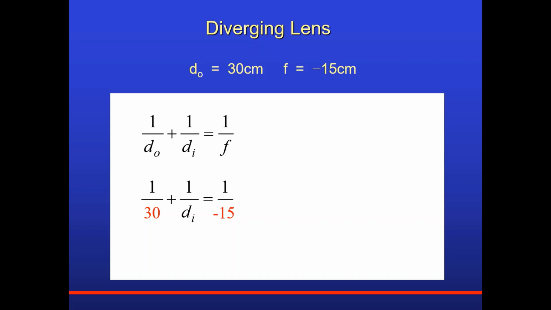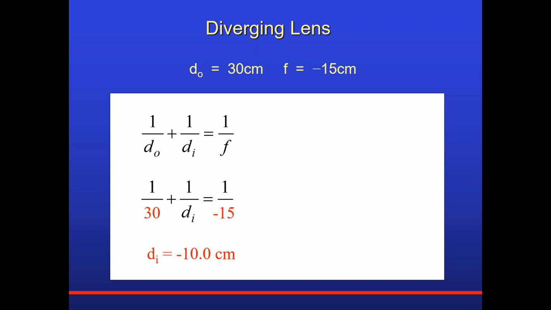So when we subtract 1 over do, assuming do is positive, we're always going to get a negative di. Solve the equation. I invite you to go ahead with your calculator, follow along. Di is minus 10 centimeter. So minus means that it is before the lens.